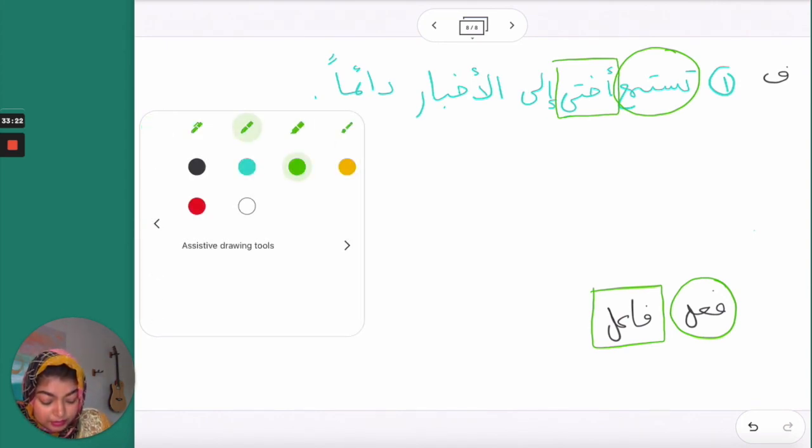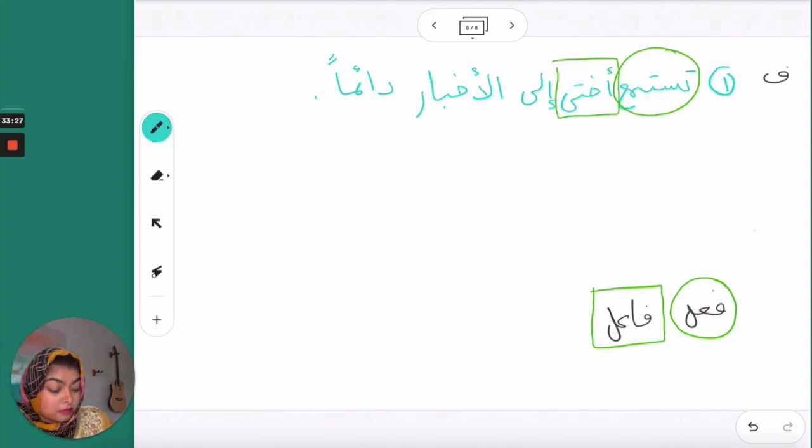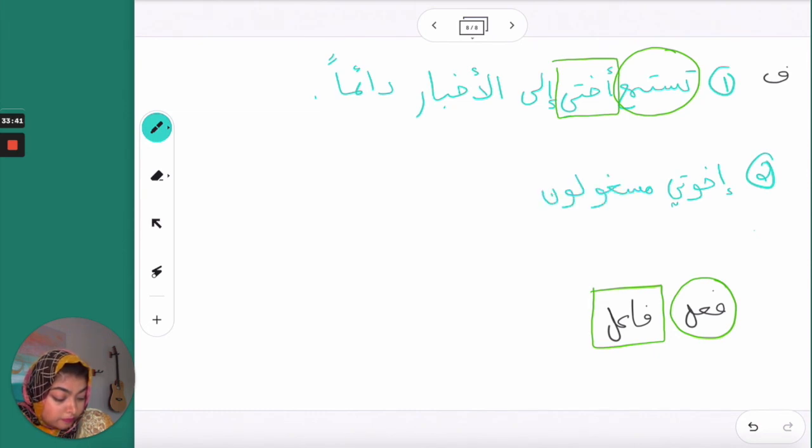If you have a sentence that is اسمية, we have إخوتي مشغولون بالعمل دائما. إخوتي, إخوة, remember, was the plural of أخ, which is brothers.